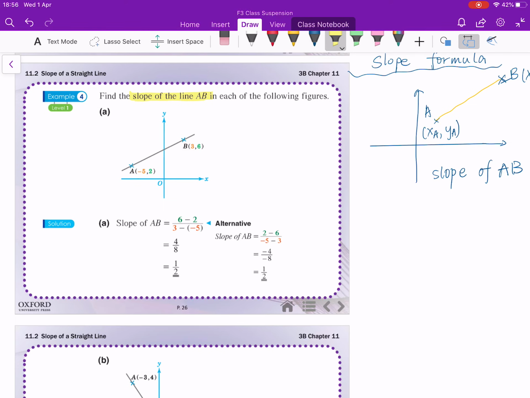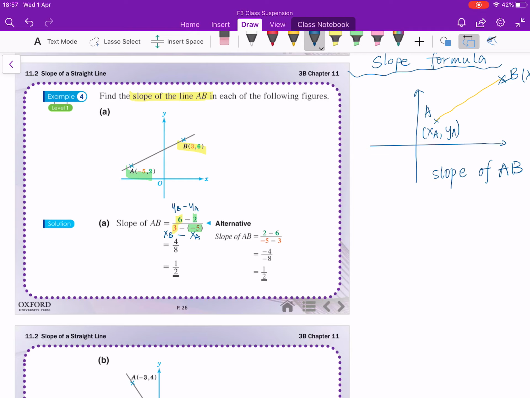In the solution, we use 6 and 3, both coordinates from point B, so it uses the y coordinate of B and the x coordinate of B, minus 2 and negative 5, both from the coordinates of A. This is y coordinate of A minus x coordinate of A. So following the same order is enough.